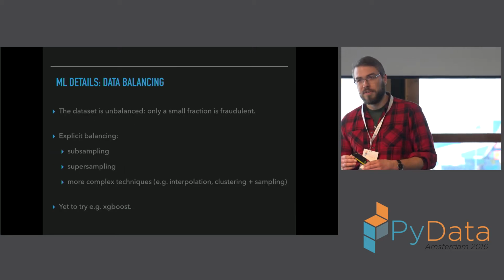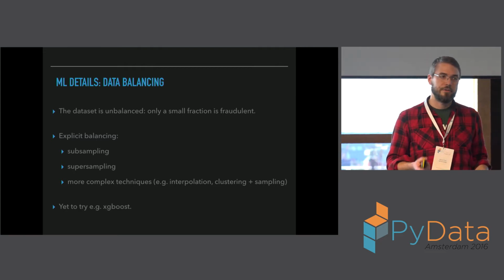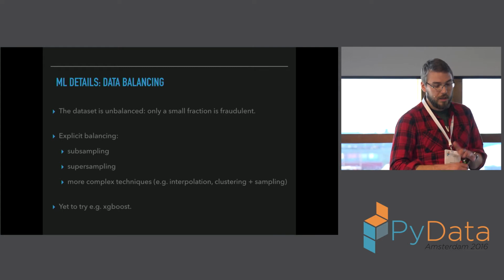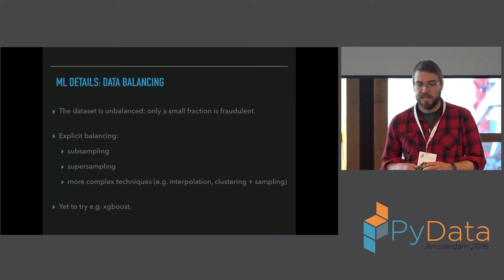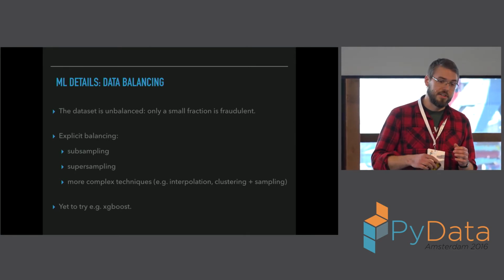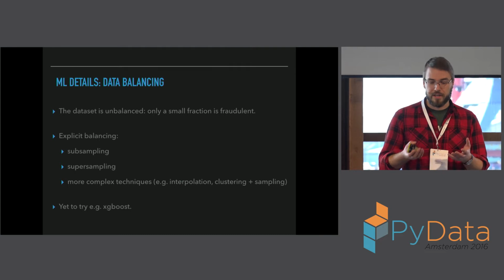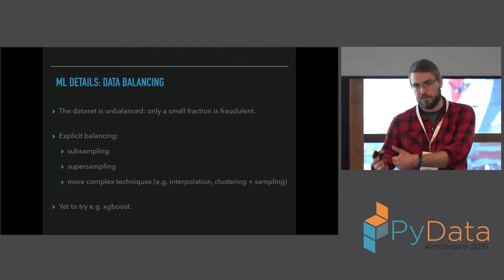OK, another problem is that our data set is not balanced. Depending on the algorithm, this is not always a problem, but we decided to do explicit balancing before we did learning. And of course, there are different strategies. In our case, most of the work is good, and only a small fraction is fraudulent.